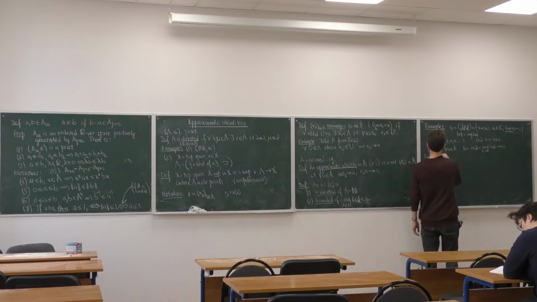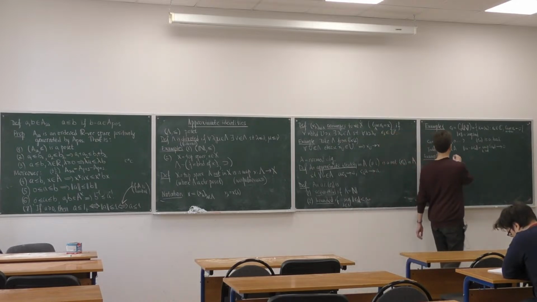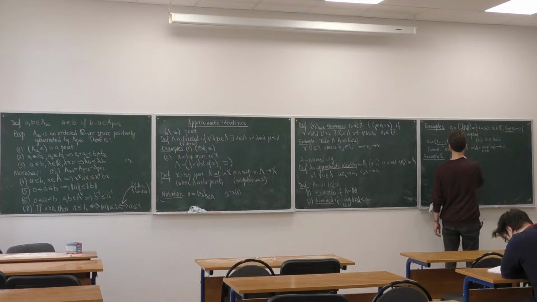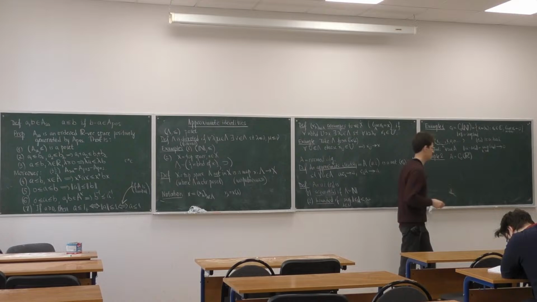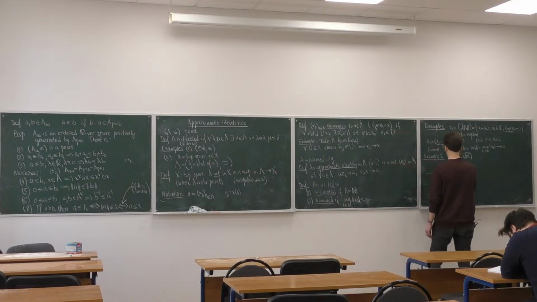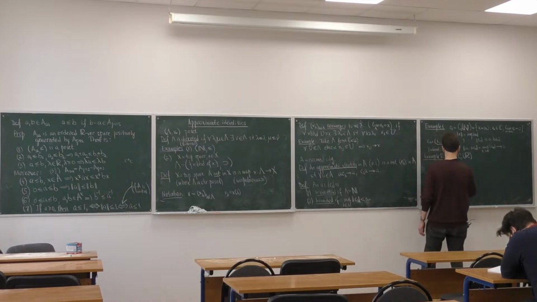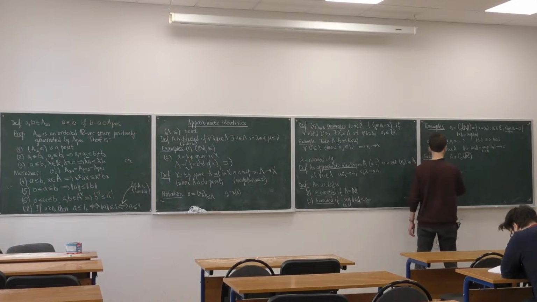In a similar way, we can construct a bounded approximate identity in the algebra of continuous and vanishing at infinity functions on the real line. Again, it is not unital. So to construct an approximate identity, for every n we take a function of the following form. It is identically 1 between minus n and n.